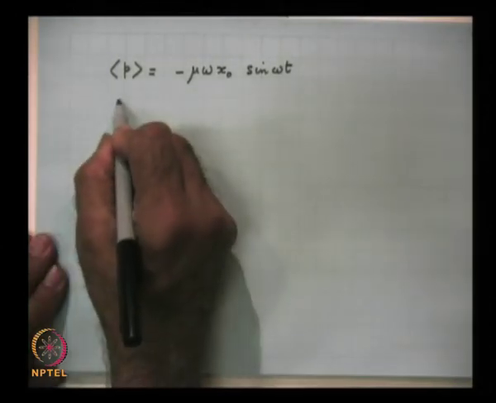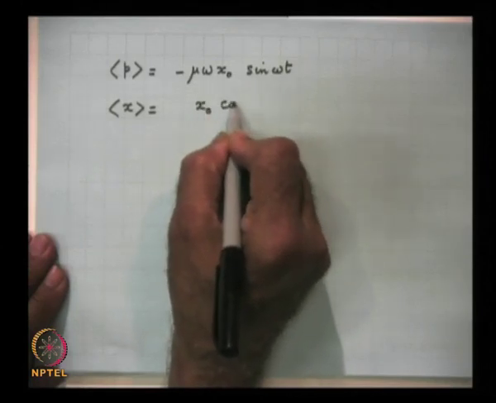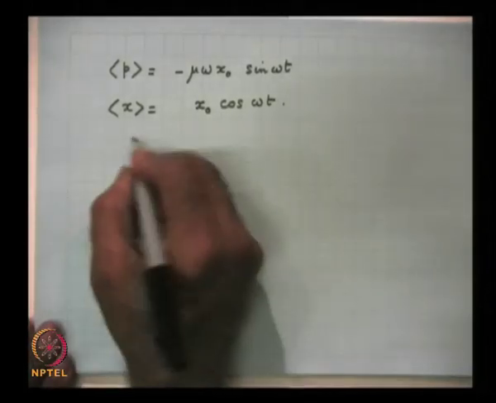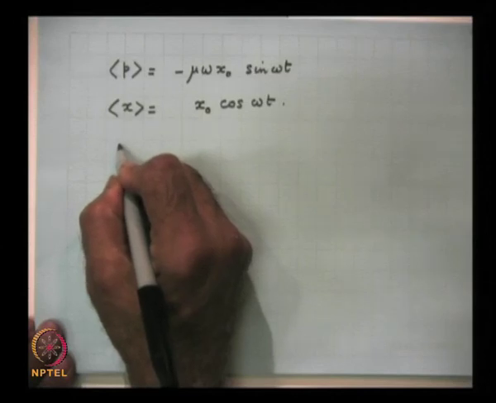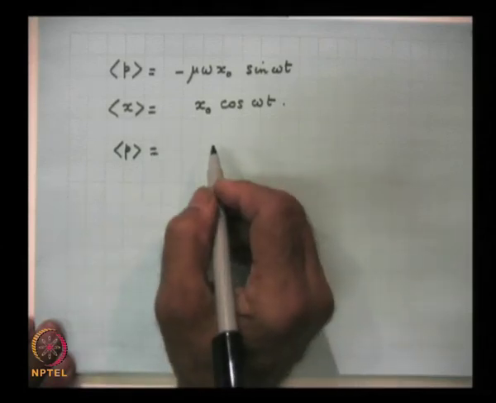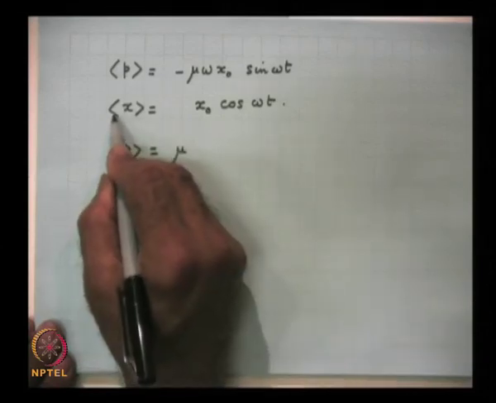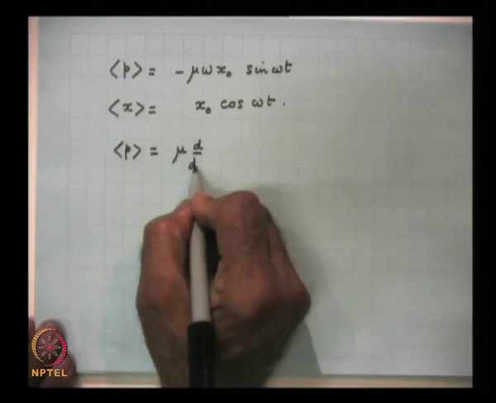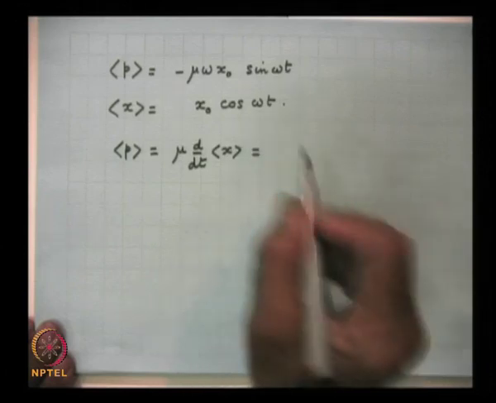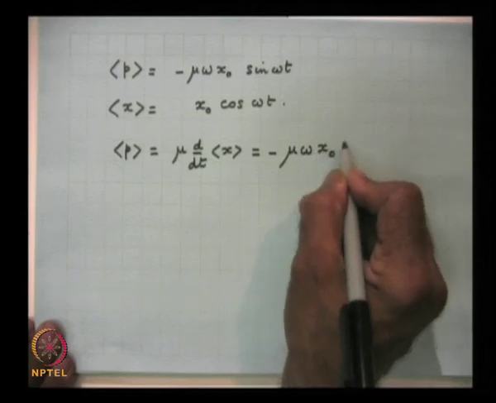You recall that the expectation value of x came out to be x naught cos omega t, and we know that in classical mechanics the momentum is mu times the velocity, d by dt of x. If I differentiate this, it comes out to be minus mu omega x naught sin omega t.